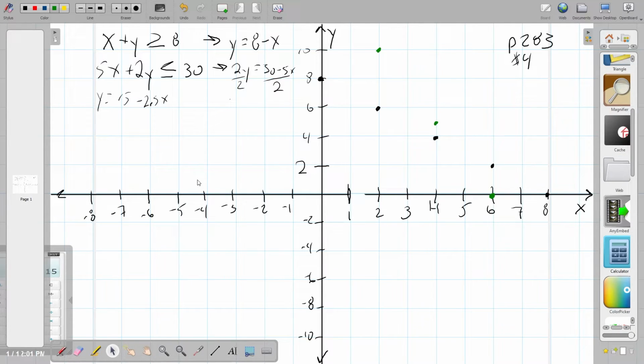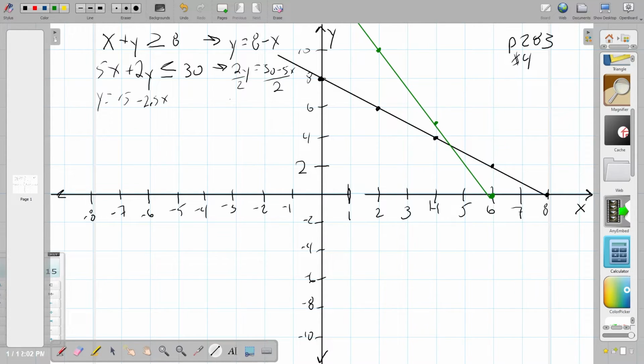So now we just draw our lines. Let's go back to the black and to the line drawer, and we'll say there's our line. We'll go back to the green and our line drawer, and we'll say there's our line.